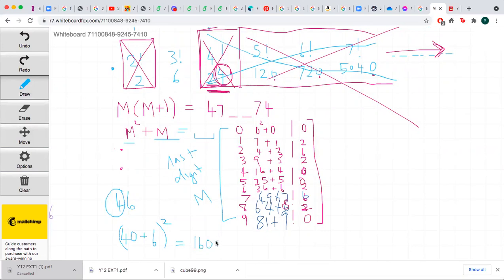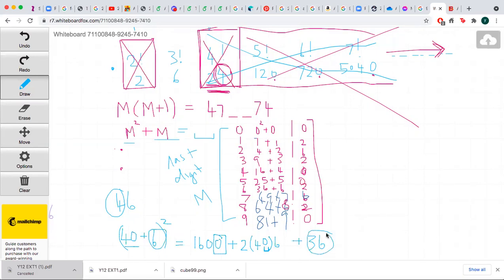There's every chance that I've made a mistake here anyway. 1600, so that's 40 squared, plus 2 times 40 times 6 plus 36. Okay, cool. So this has a 0 at the end. The 40 squared does not contribute to the last digit. This is going to have a 0 at the end because there's a 10 here. So again, 0 at the end, it doesn't contribute to the last digit, but the 6 does.